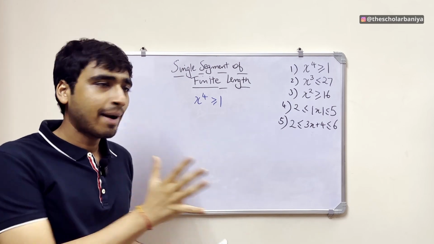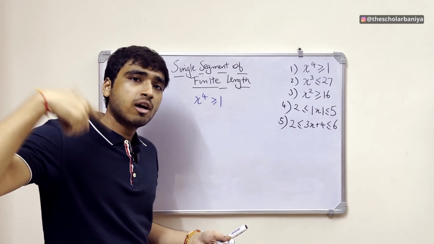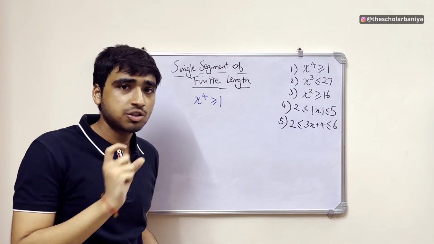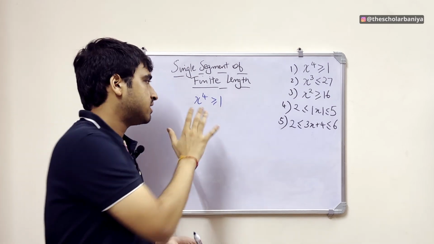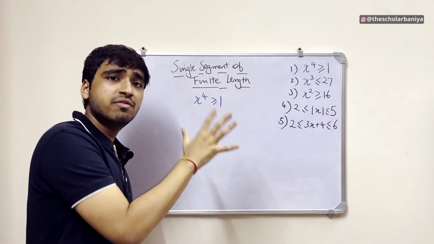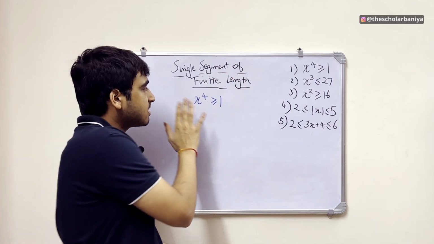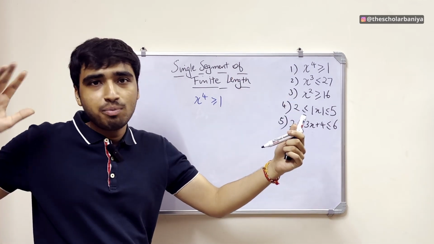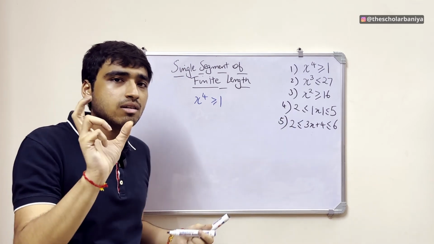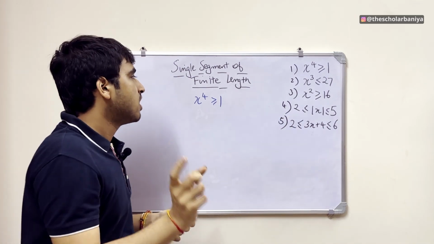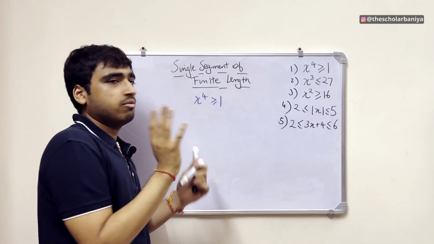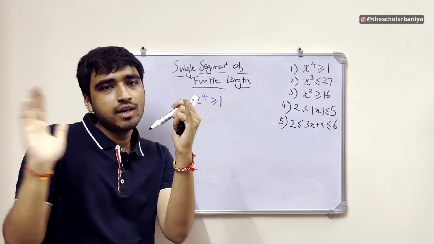For example, if you take -2, then -2 to the power 4 is again 16, which is greater than or equal to 1. So this is true. If you take -10, it's still true. -100, true. Minus infinity, true. So this is true for numbers from minus infinity to plus infinity, barring a few numbers, for example maybe 0, or any number between -1 and 1.